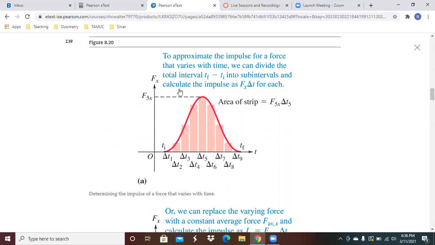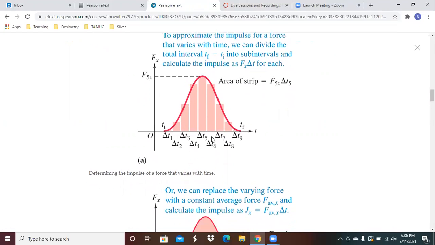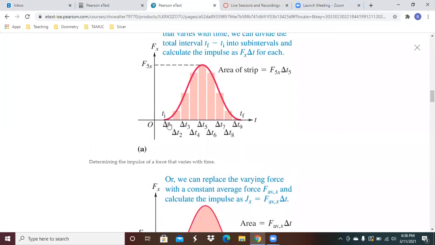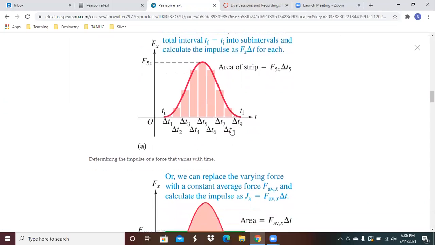Once we divide it into subintervals, we calculate the impulse as follows. So the impulse ends up, when you plot force versus time, this area under here is going to be considered your impulse.